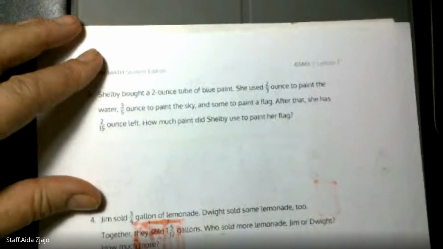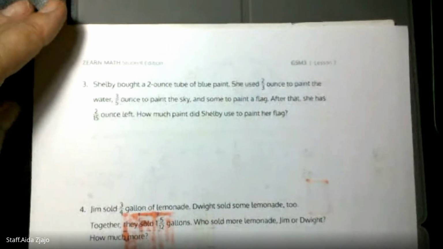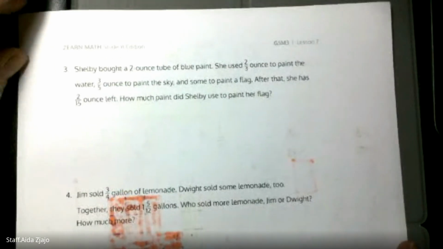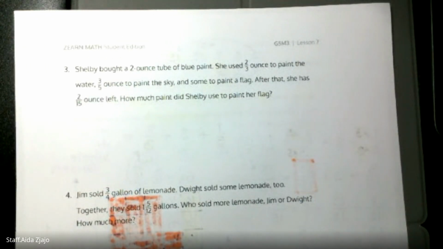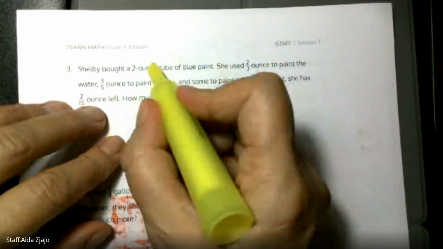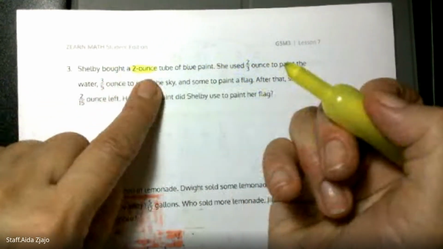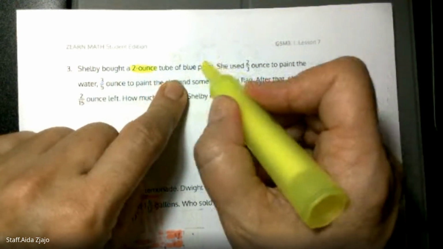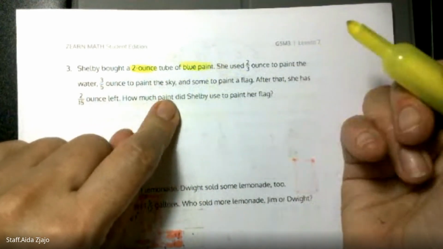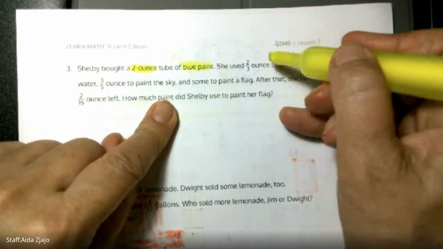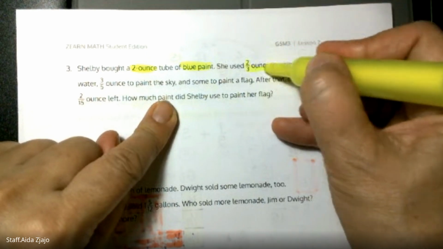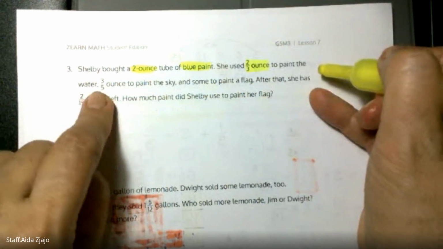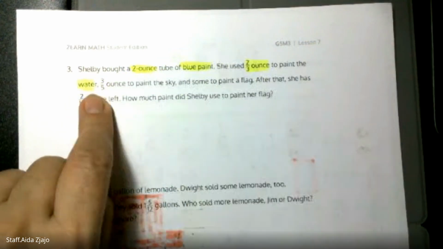Okay. Number 3 says, Shelby bought 2 ounces of a tube. So 2 ounces means 2 wholes of the tube of blue paint. She uses 2/3 of an ounce to paint the water.